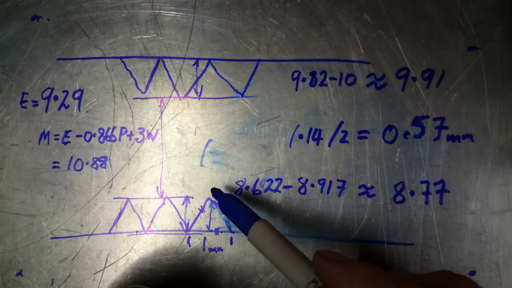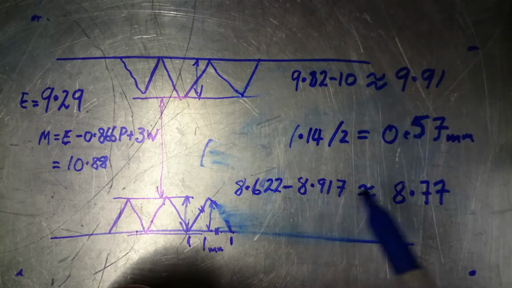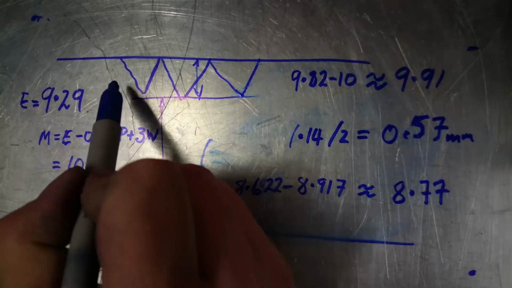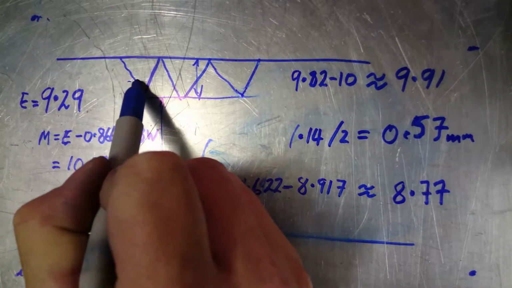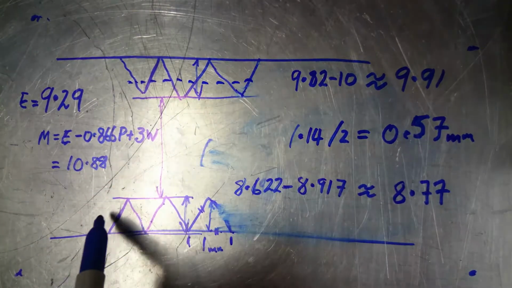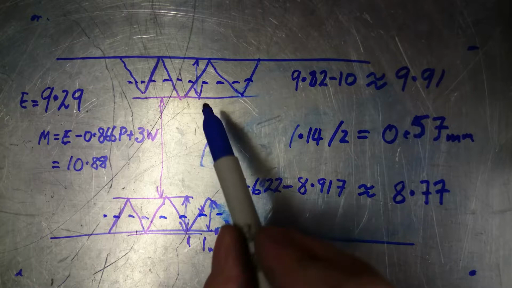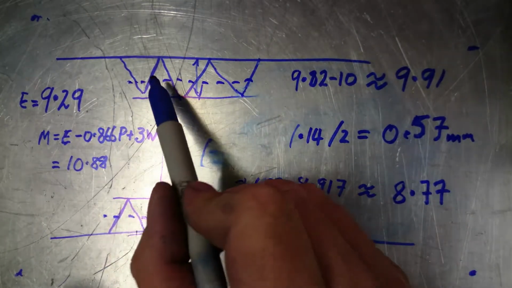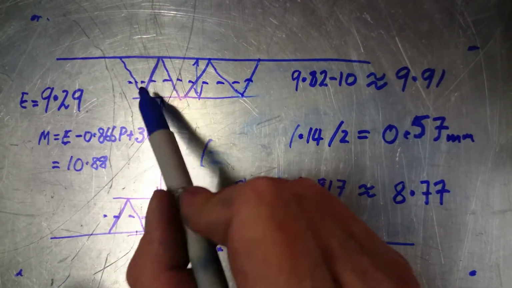So another way of measuring to the specification of the thread is to take what's called the pitch diameter of the thread. Now a pitch diameter of a thread is an imaginary cylinder that runs more or less through the middle of that thread.